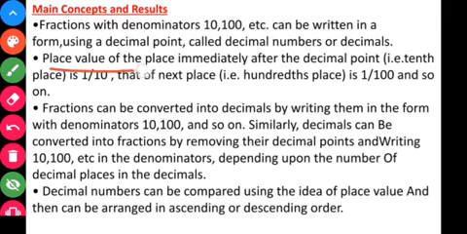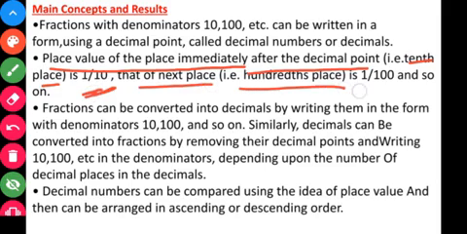And the place value of the place immediately after the decimal point, that is the tenth place, is 1 by 10, and for the next place, that means the hundredth place, is 1 by 100.